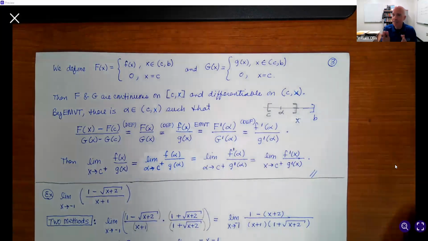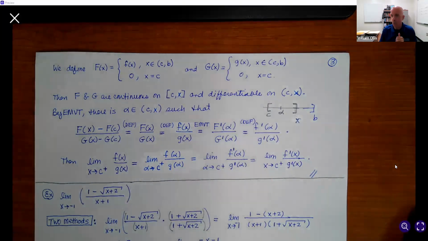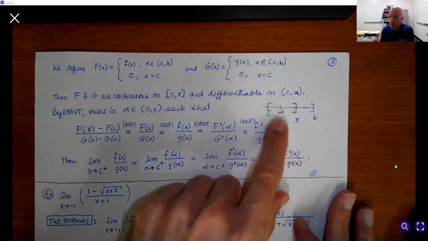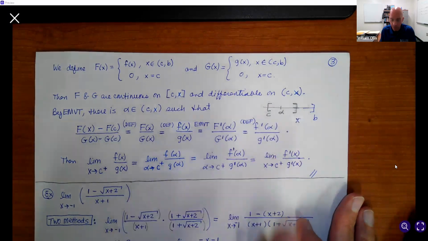So we're going to let X approach C from the right. This is, again, just an additional variable for user-friendly use, so to speak.